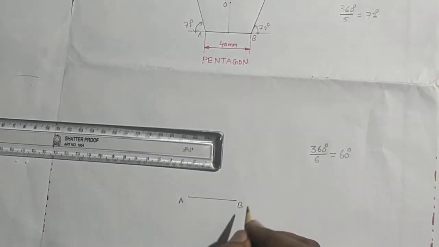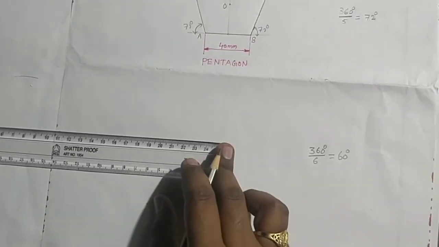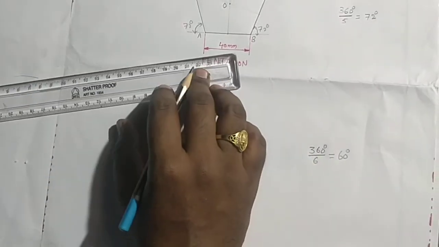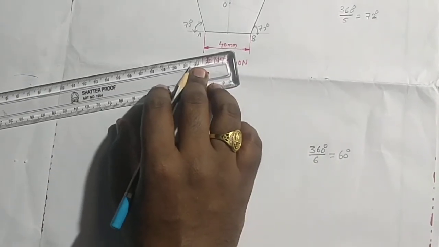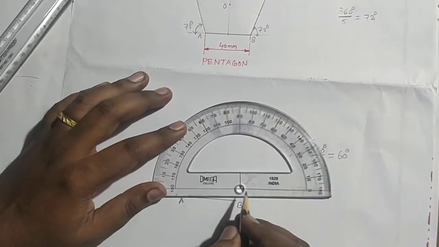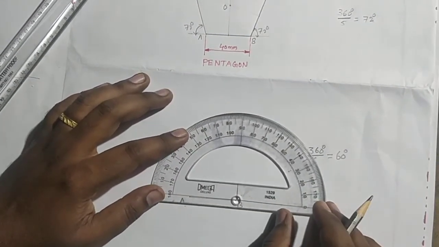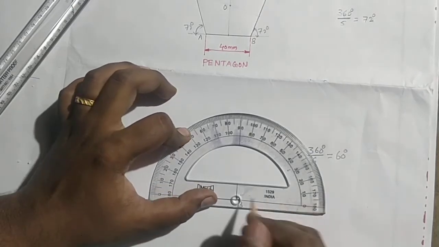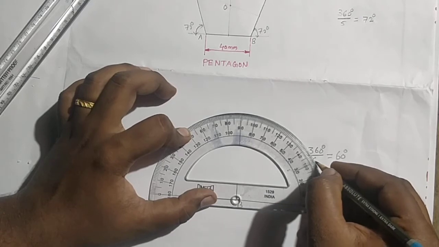Here we need to draw a radial line with 60 degrees from both ends A and B. Next, position the protractor with B as center. Next, mark the 60 degrees line.